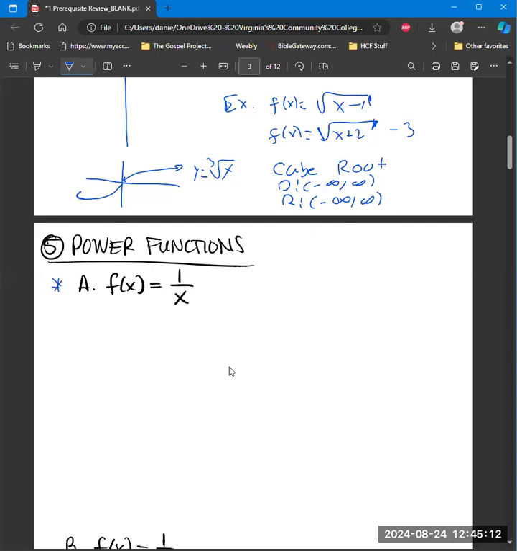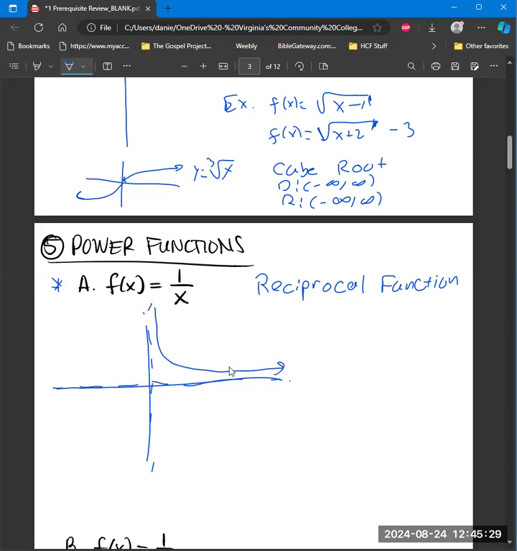And one for your class here is the reciprocal function. Here, we're going to use this a lot to talk about the idea of limits coming up here. So you're going to deal with a lot of rational functions and the limits here that come from the horizontal asymptote and the vertical asymptote.